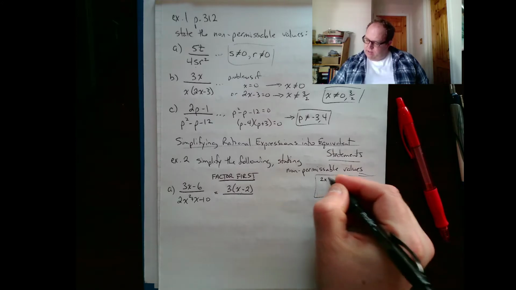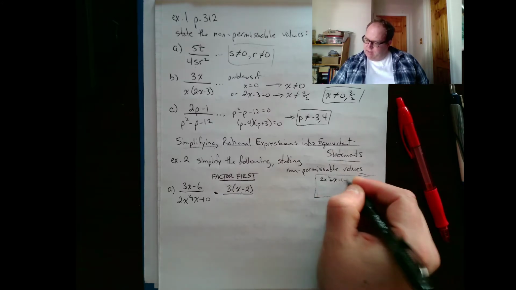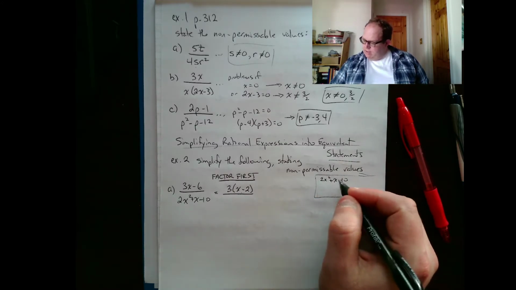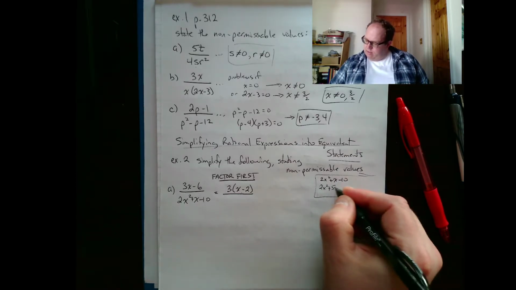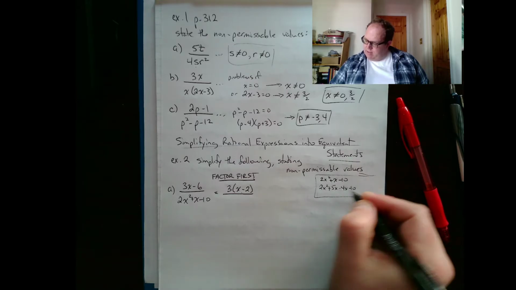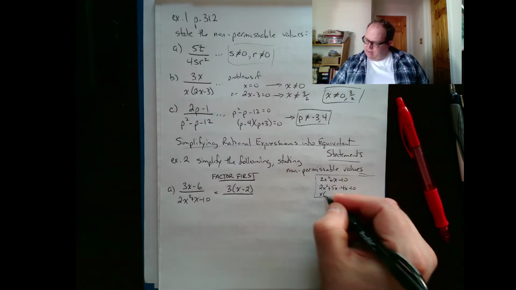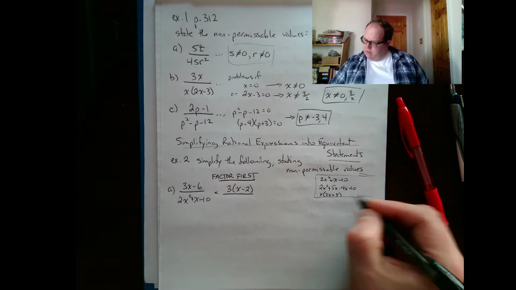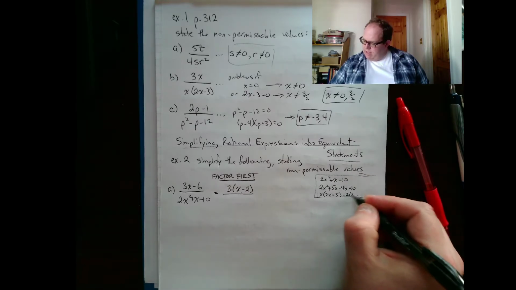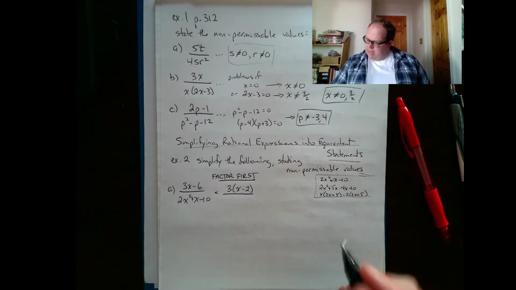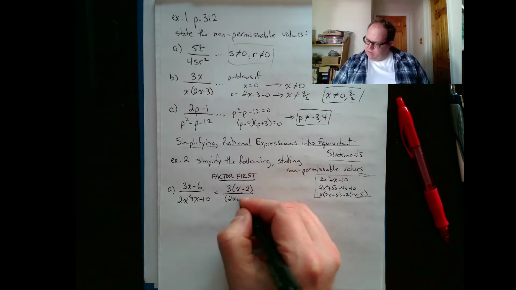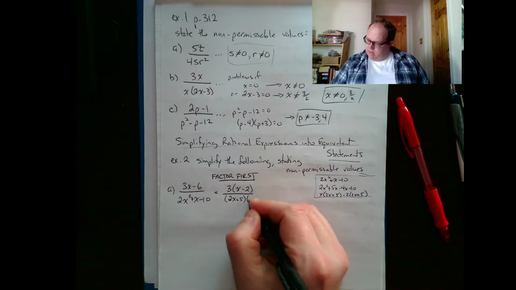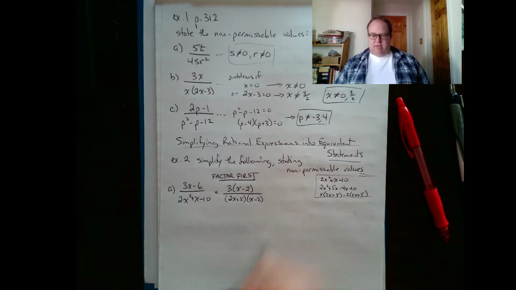But for 2x squared plus x minus 10, two things that add up to 1 and multiply to negative 20 would be 2x squared plus 5x minus 4x minus 10. I could factor an x out of the first two expressions, a negative 2 out of the second ones, and end up with 2x plus 5 times x minus 2 in my denominator.